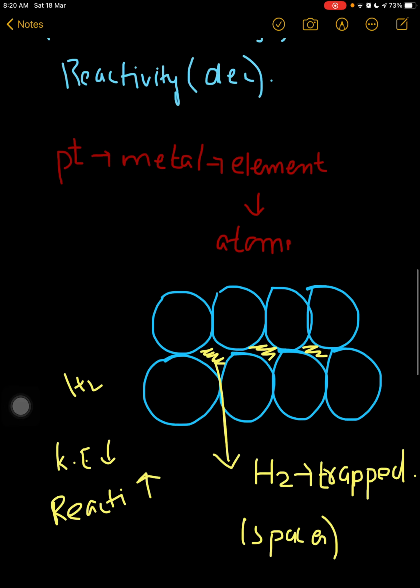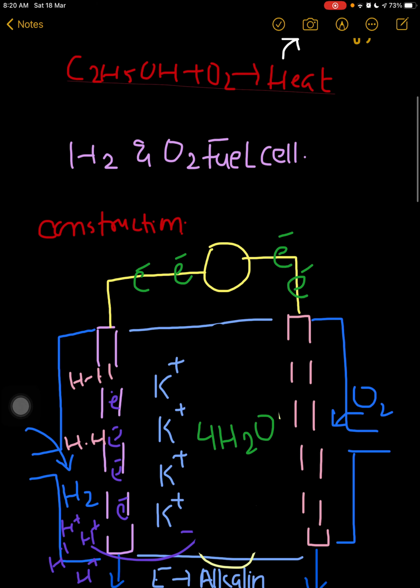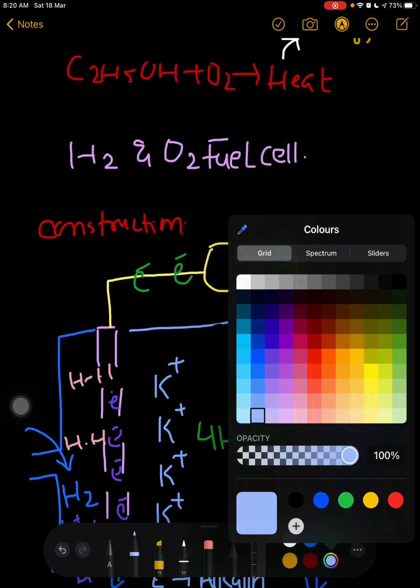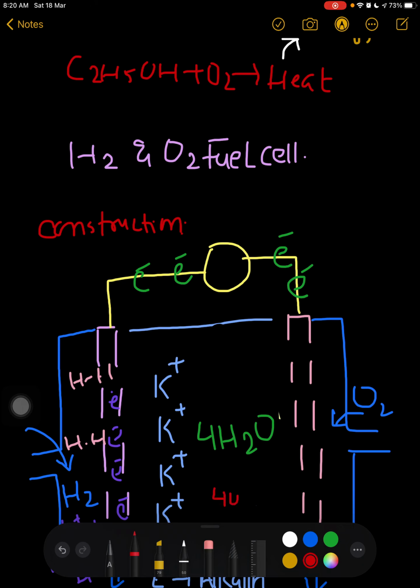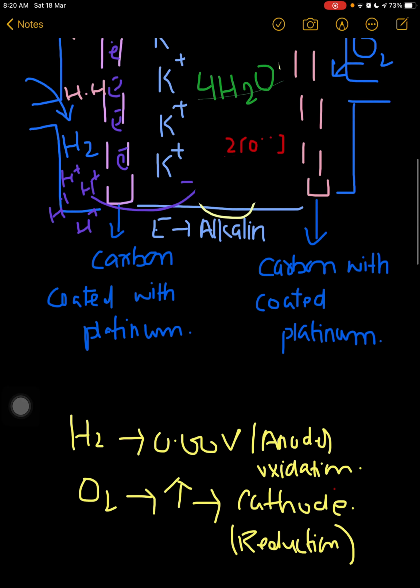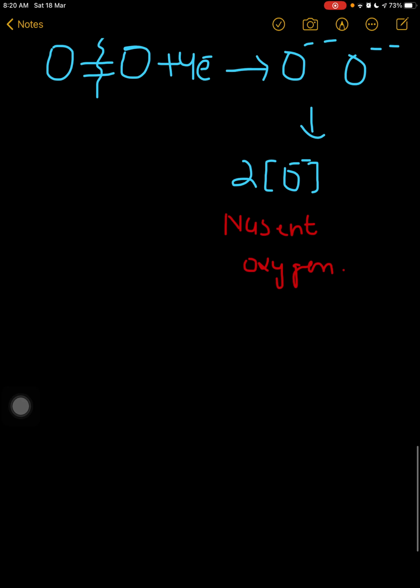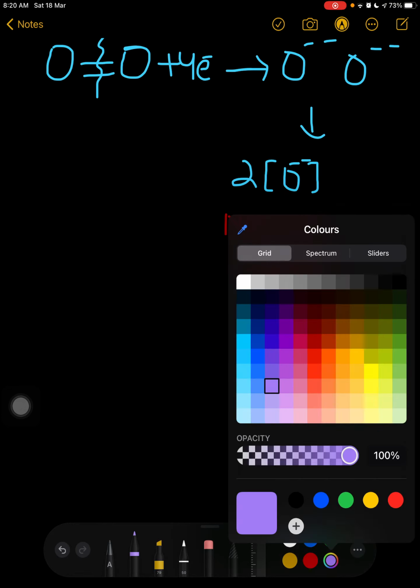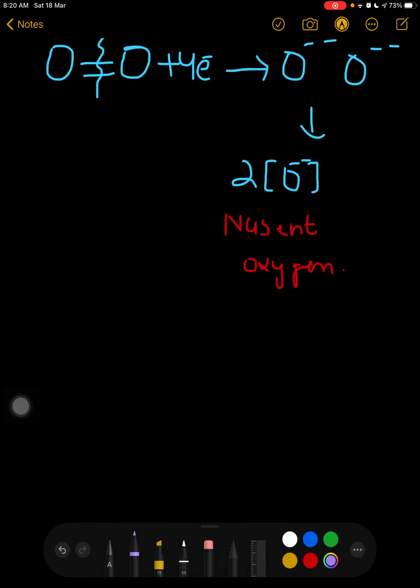Now this nascent oxygen will go in this electrolyte solution, right? The 2 nascent oxygen will go in this electrolyte solution, and what will happen is this will react with these 2 water molecules.